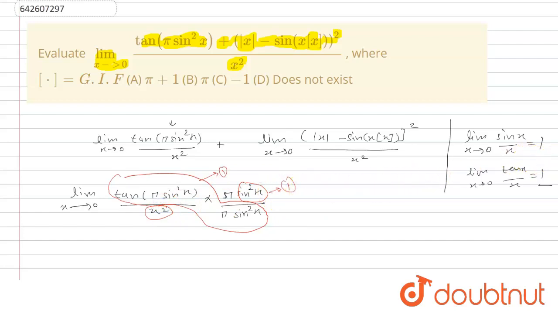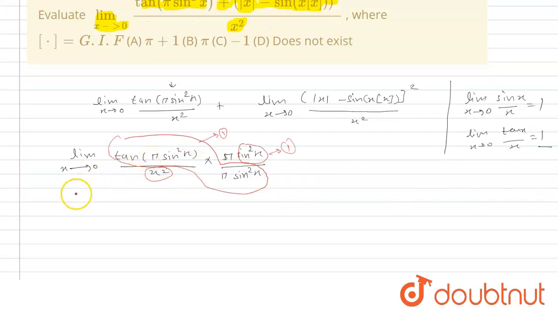That means sin^2 x upon x^2 will also become 1. So that means we have limit x tends to 0 of pi, and in the denominator nothing. Now for this side, we know that (a - b)^2 is equal to a^2 + b^2 - 2ab.